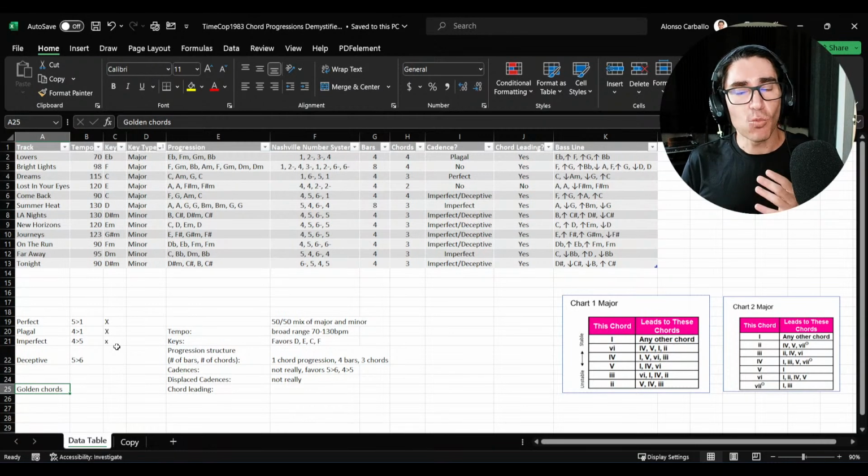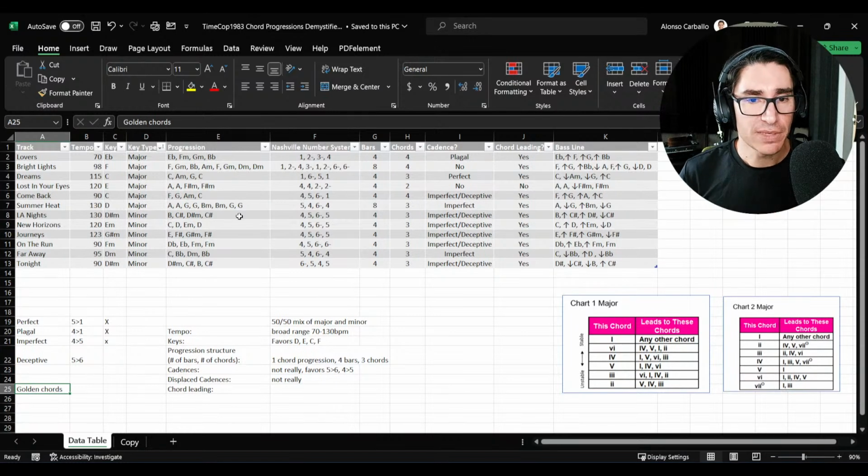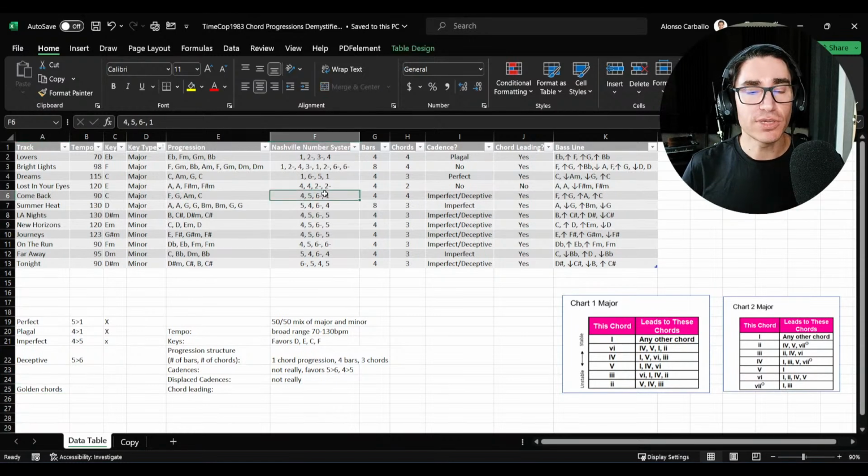So the 1, 4, 5, and 6 chords, I call them the golden chords, because beyond synthwave, you can analyze classic, timeless songs in pop, rock, and a lot of other genres. You will see that time and time again, chord progressions in those great songs that we know and love are made with the 1, 4, 5, and 6 chords, and all the possible combinations thereof.